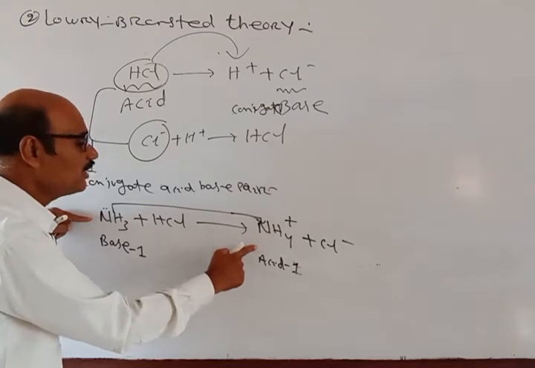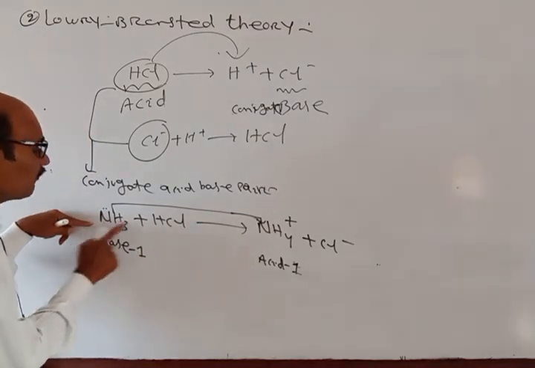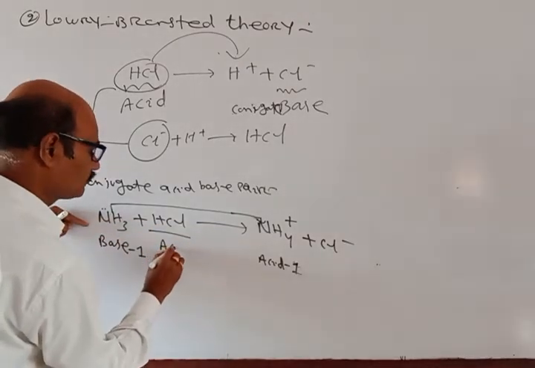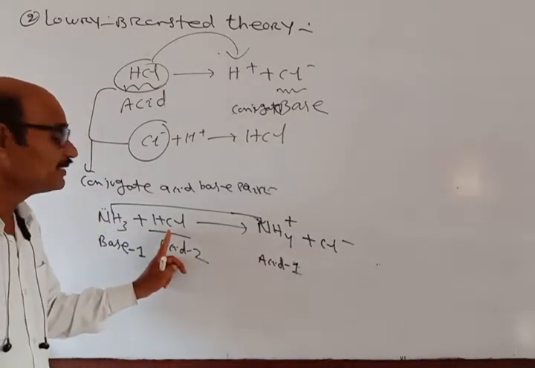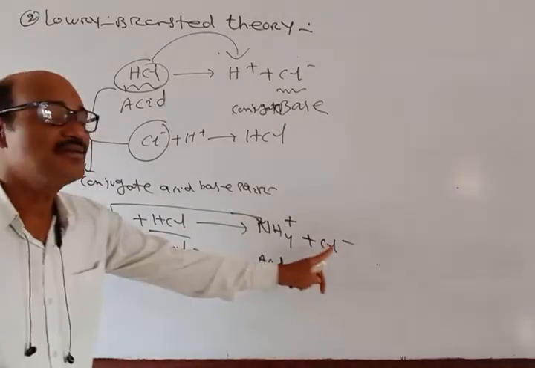Similarly, now this HCl. This NH3 is receiving the proton from this HCl, so this is acid 2. And this HCl, when giving the H plus to this ammonia, converts into Cl minus.